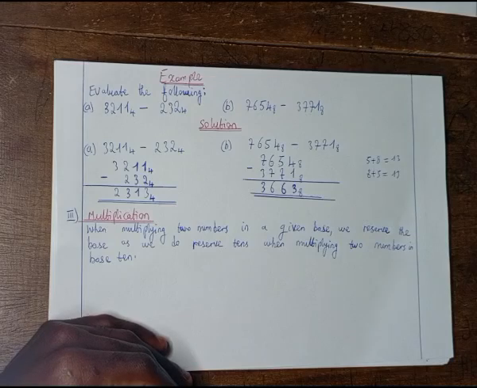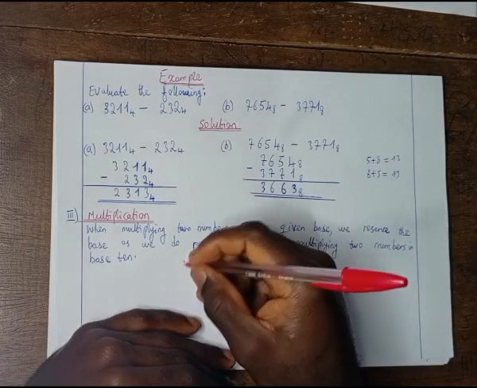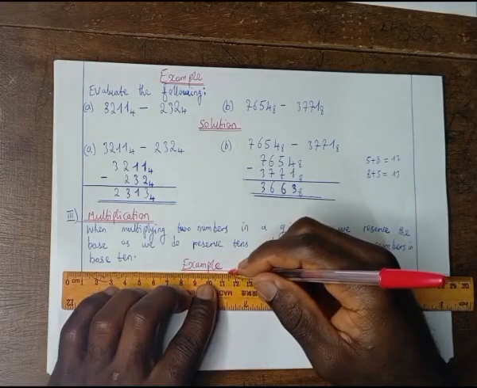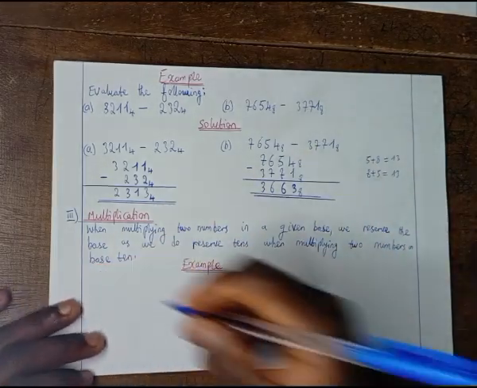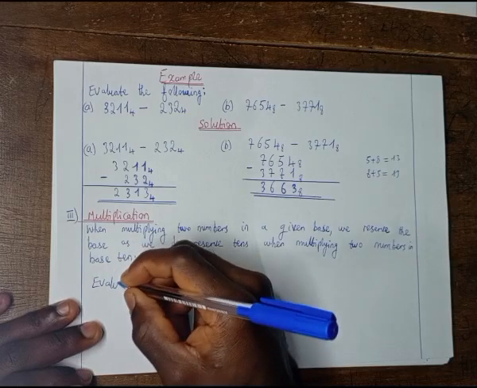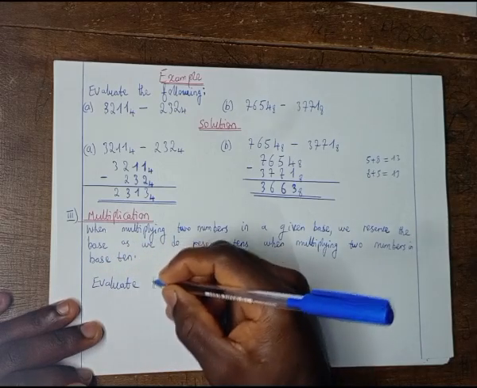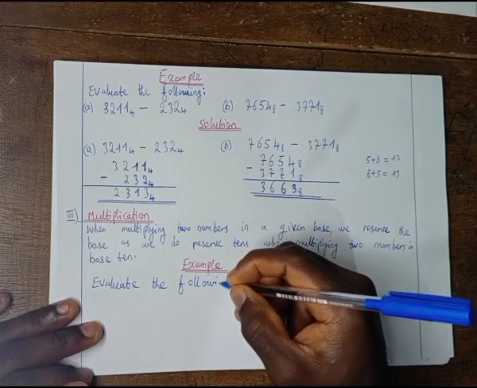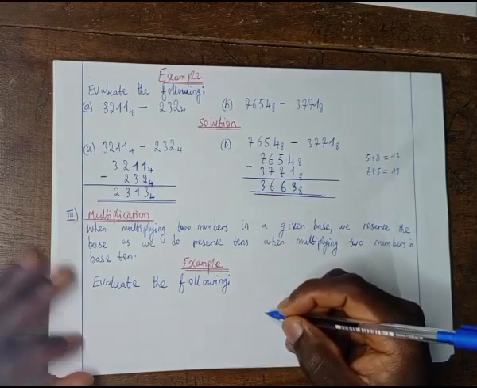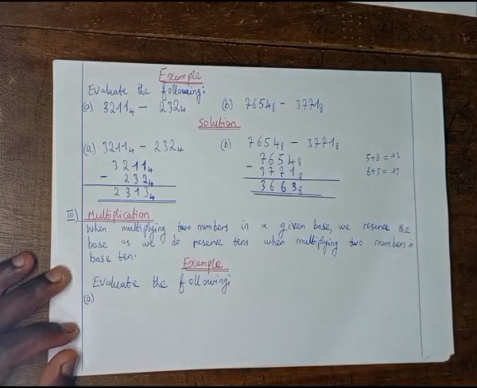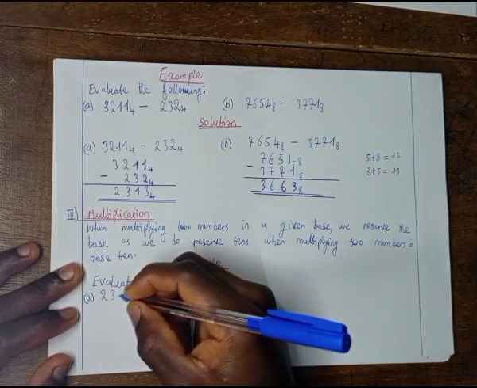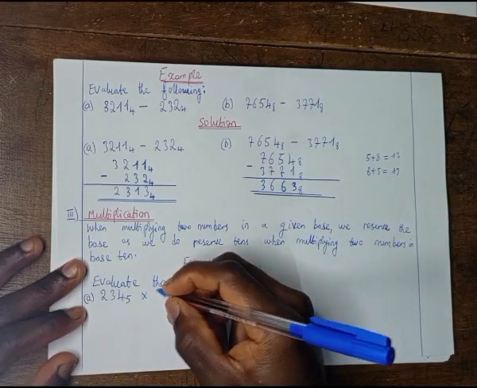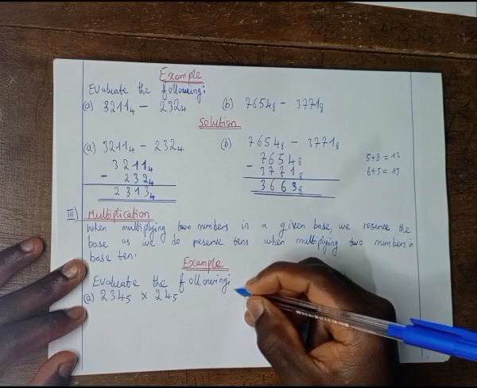Next, now let's take an example on this. Evaluate the following. For E, we have 2, 3, 4 in base 5 times 2, 4 in base 5.